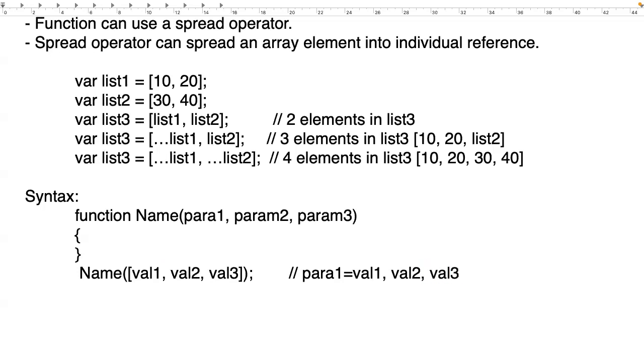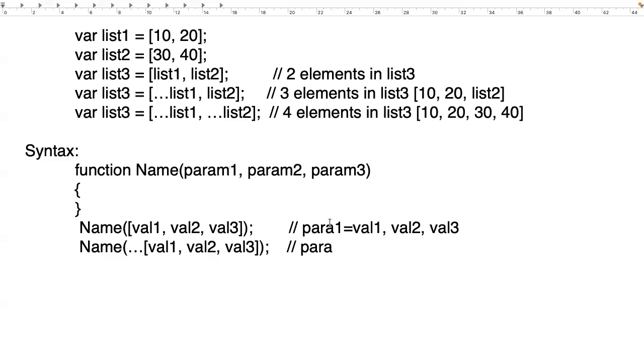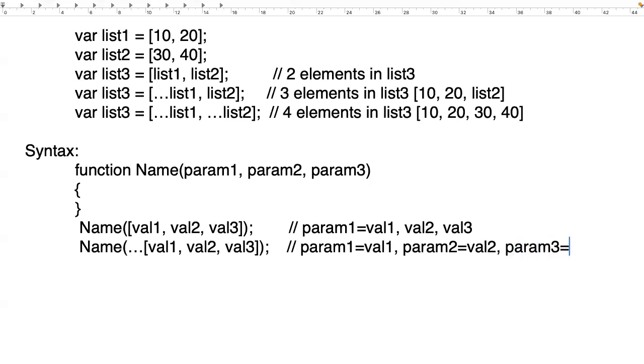All 3 are stored in the first parameter only. How to separate them? Dot, dot, dot, value 1, value 2, and value 3. This is going to spread them into individual references. So parameter 1 is value 1, parameter 2 is value 2, and parameter 3 has value 3.